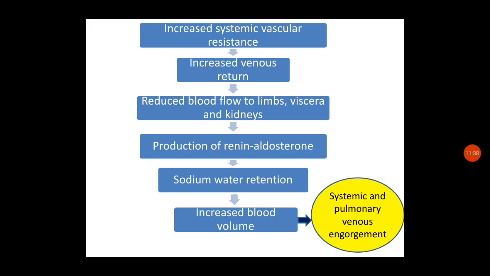So especially if kidney perfusion is altered, the renin-angiotensin-aldosterone mechanism will be initiated. Sodium and water retention will increase blood volume, and this increased blood volume will cause systemic and pulmonary venous engorgement.